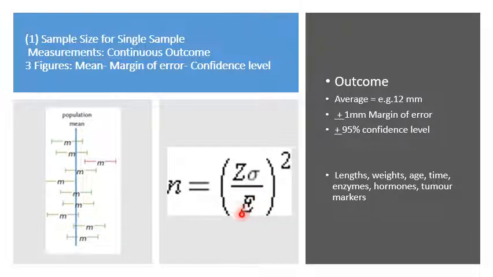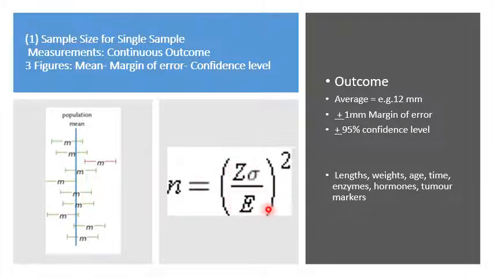The margin of error is set by the investigator. The level of confidence is also set by the investigator, and the variability, the standard deviation, is taken from pilot studies or previous studies.